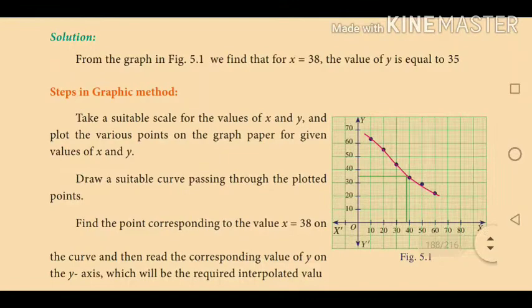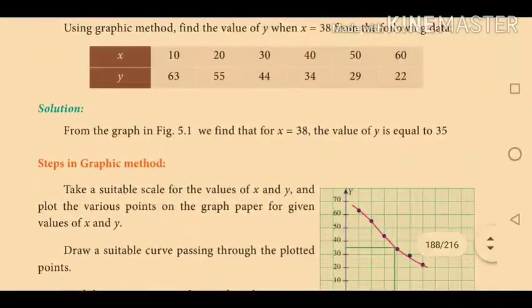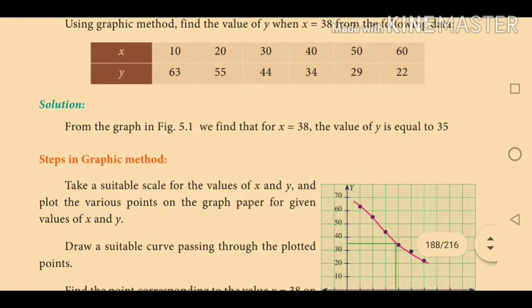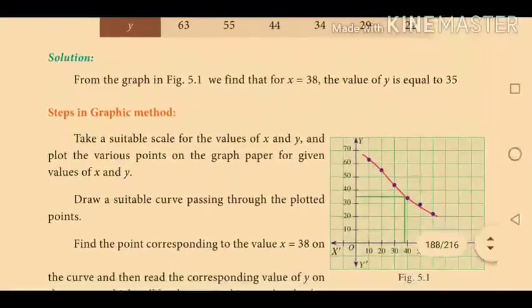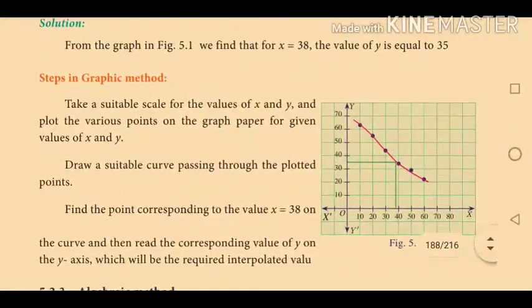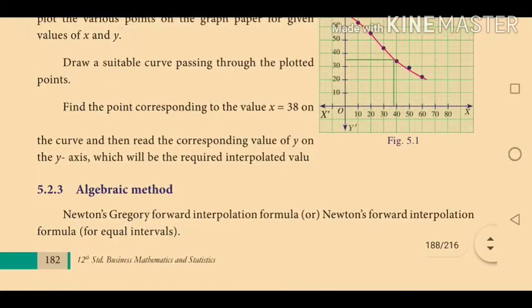The meeting point is considered as the value of the missing value. Here they said to find the value for x equal to 33 and y equal to 35. Y equal to 35 means x equal to 40. X equal to 38 means y equal to 35.